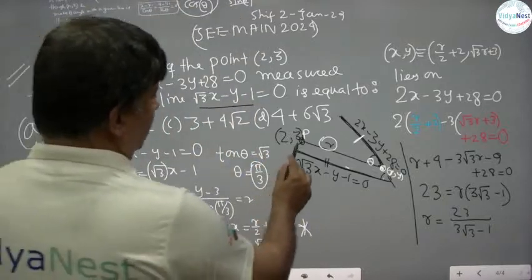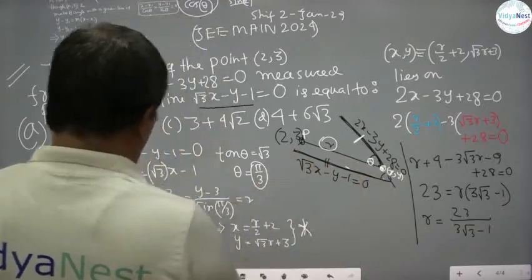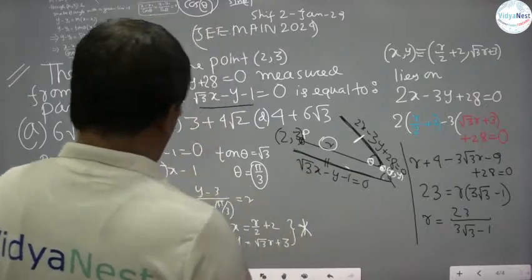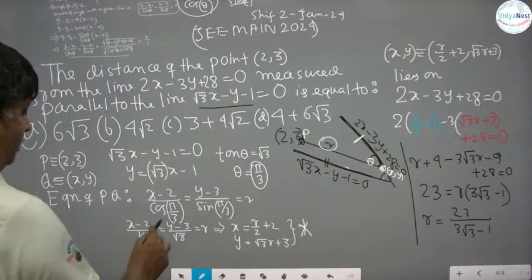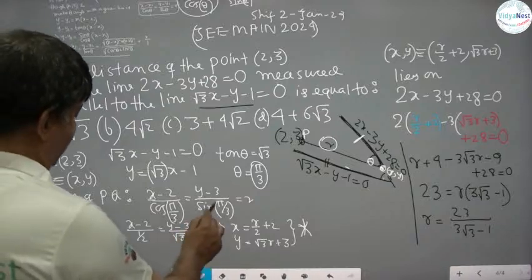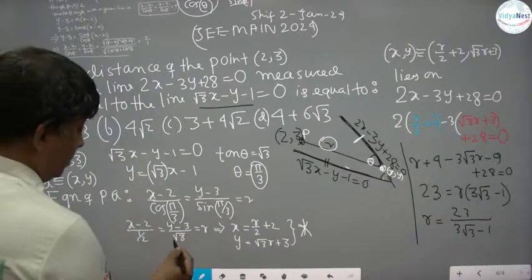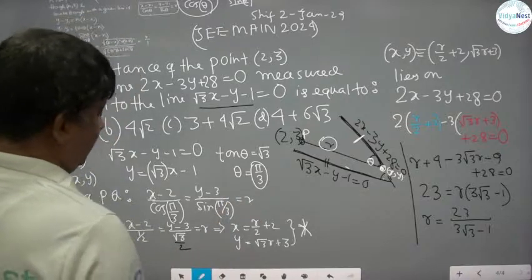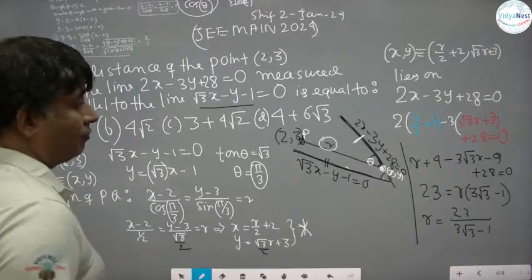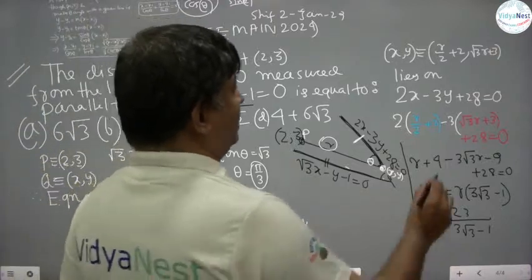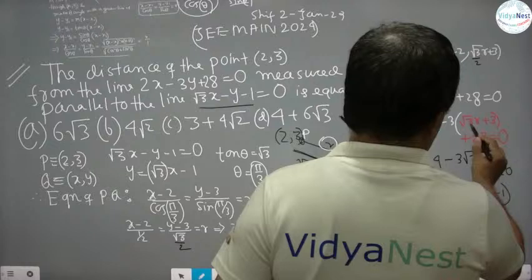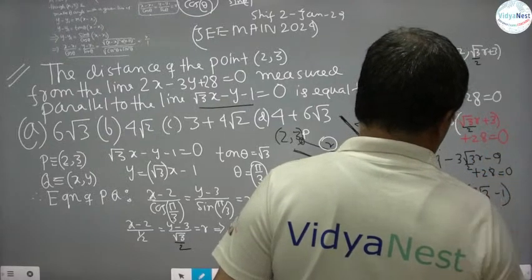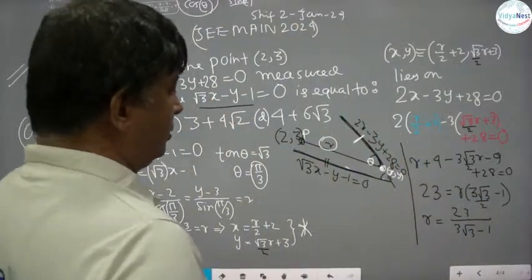Now, from symmetrical form we get x minus 2 by cos pi by 3, y minus 3 by sin pi by 3 is equal to r. Cos pi by 3 is half, sin pi by 3, there is one mistake of mine. I forgot to write root by 2. So, you must be careful on this. Sin 60 is root 3 by 2.